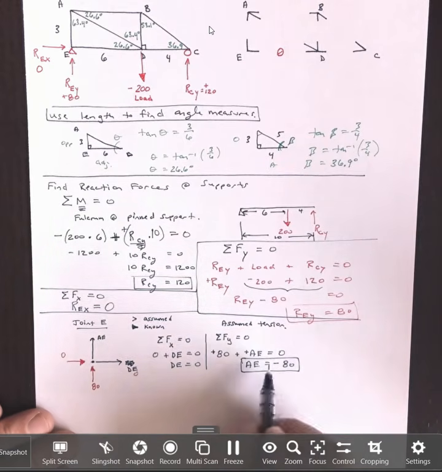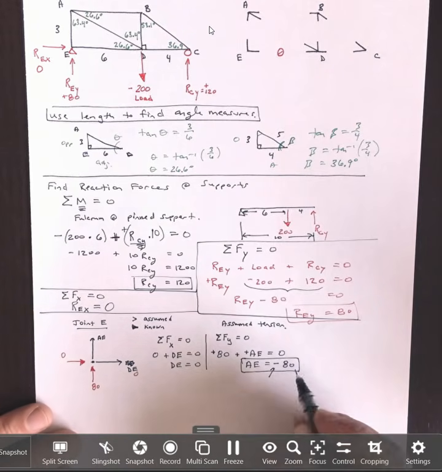We set up our equation based on that. The magnitude of 80 is correct. But what's different is that it's the opposite direction. So the negative is not about magnitude as much as just the direction is the opposite direction. So that tells us our assumption was wrong.